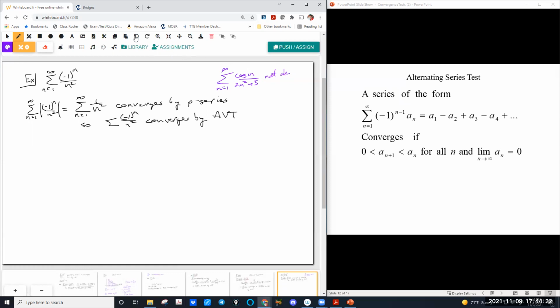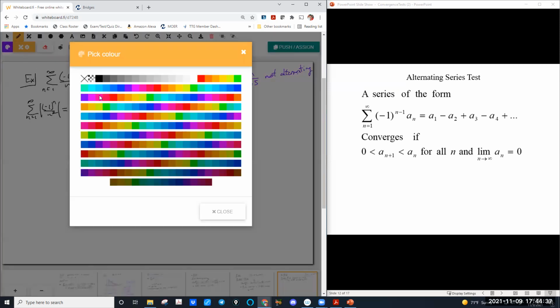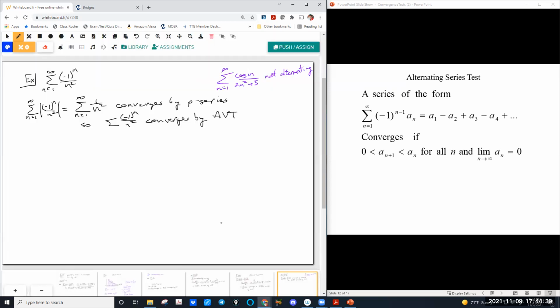Doesn't mean we can't write an alternating series in terms of our trig function, but it has to be properly written. And the one that would be an example, if it were cosine of pi times n, because now when this is 0, cosine of 0 is 1. When this is 1, cosine of pi, that's negative 1.